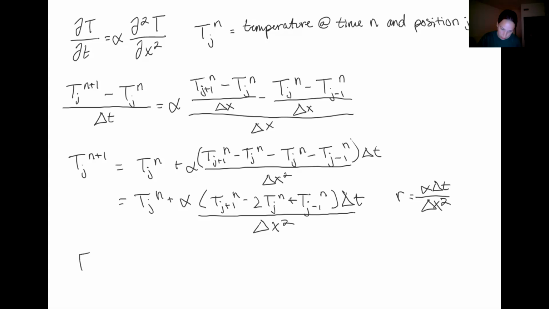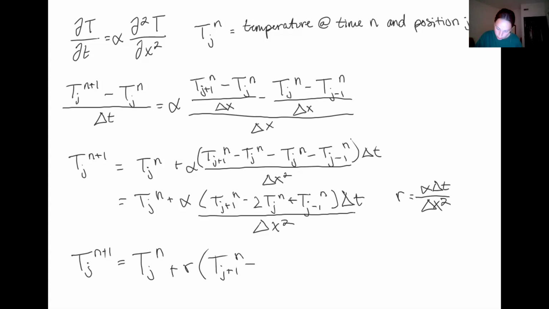So our final expression is T j at n+1, which is the new temperature to solve for at the n+1 time, position j, is equal to T j n, which is the previous temperature at time n in position j. And the rest is pretty self-explanatory knowing those.